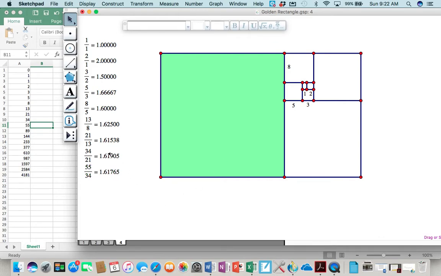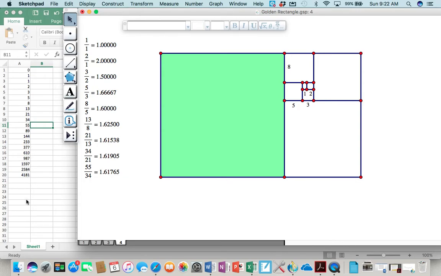Yeah, so we start really low and then way too high. Then lower again, lower than the golden ratio, then higher, then lower, then higher, then lower. And we keep jumping back and forth over that line, but getting successively closer to it as we divide these numbers higher and higher up.